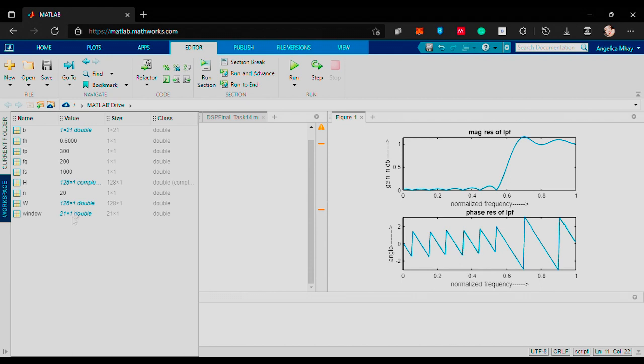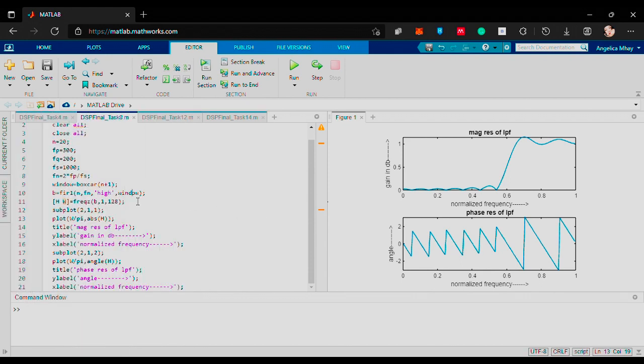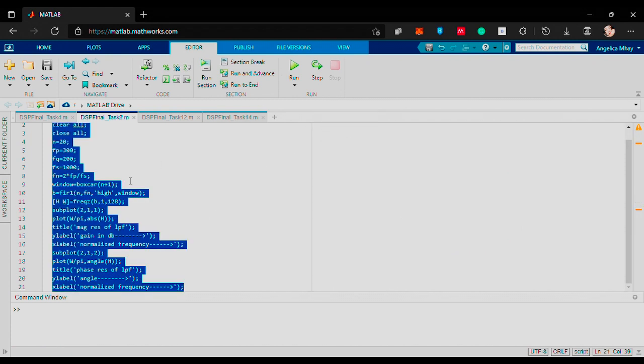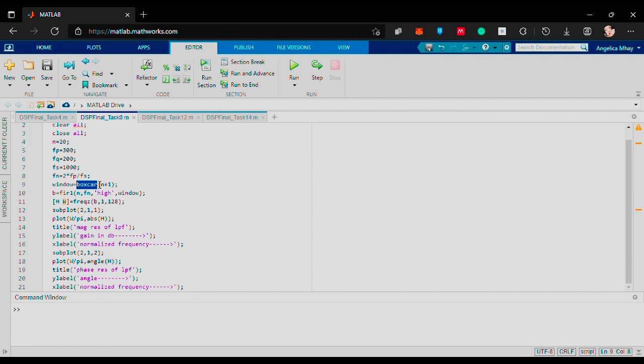And for the workspace, we have these values. Let's run the other window, which is the Hanning window. Let's replace the boxcar with hanning.